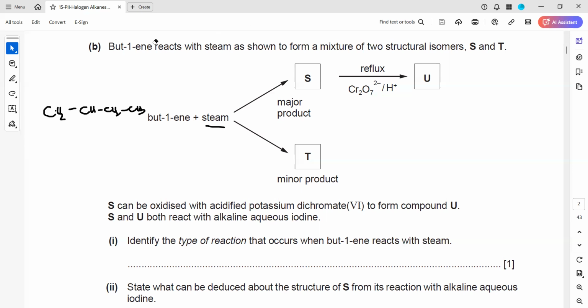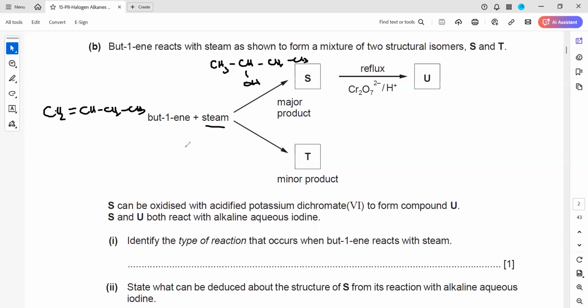What is one possibility? CH2 may have OH attached, and hydrogen attached to the carbon which already has more hydrogens. So this will have three hydrogens: this will be CH, this will be CH2, and this will be CH3. So this will be the major product.